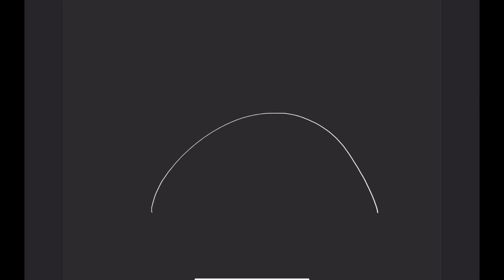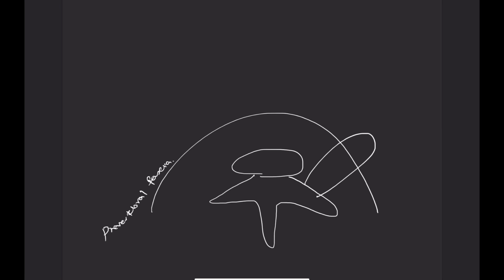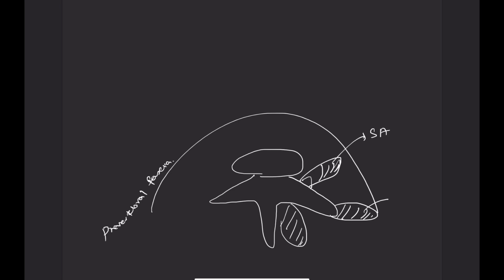Remember, this is the prevertebral fascia, and this is the vertebra. This is the scalenus anterior, scalenus medius, and scalenus posterior.